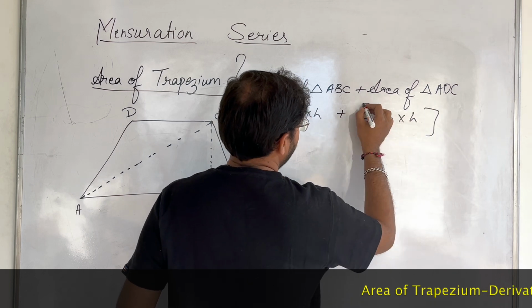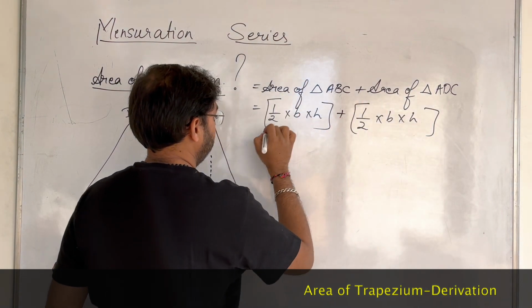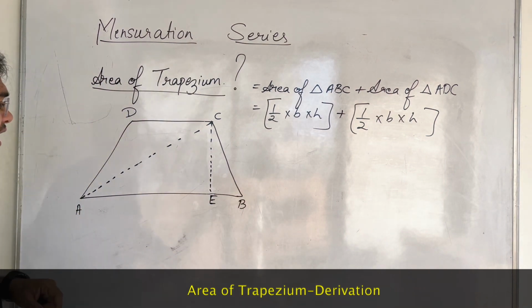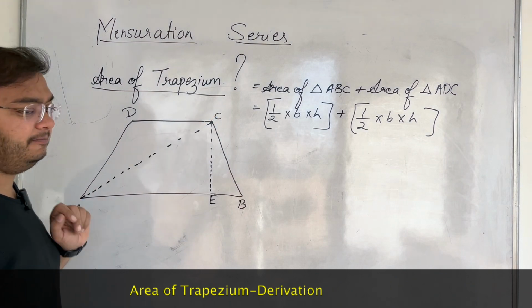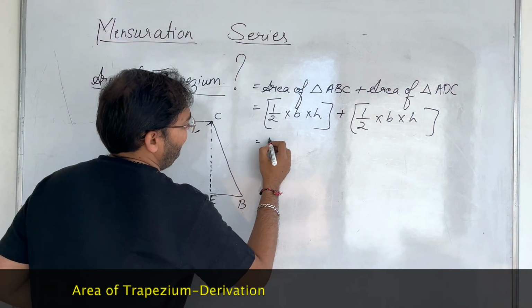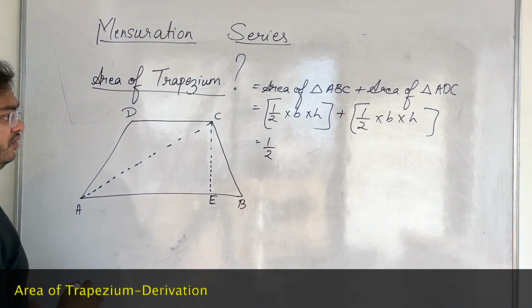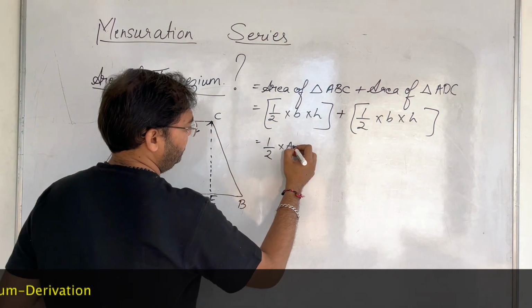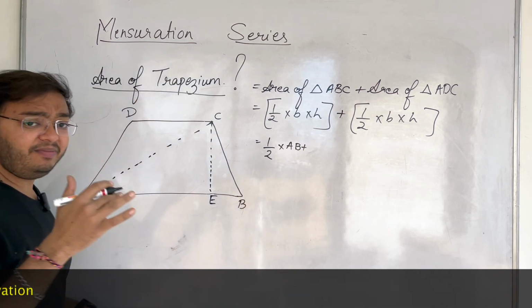Why am I writing this two times? Because both are triangles and the triangle formula remains the same. Now when I talk about triangle ABC, this half remains half. What's my base? Base is AB. Let's write AB over here, times the height. What's my height?